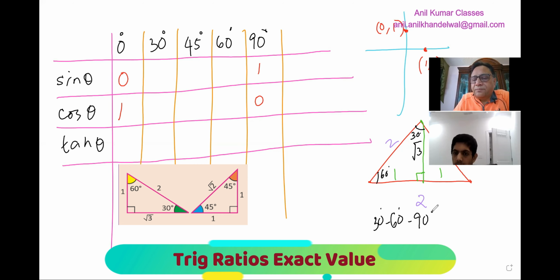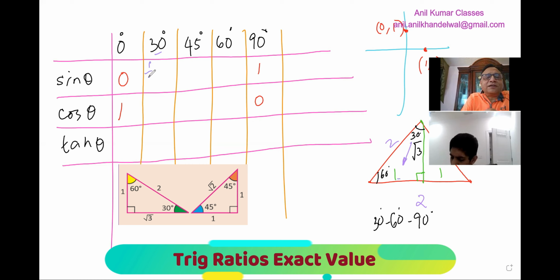A special triangle. From this triangle, we can find the value of sine theta and cos theta if theta is 30 or 60 degrees, and also tan theta. Let's do sine and cosine first. Sine of 30 degrees is how much? So 30 degrees means look from here. Opposite side of 1, hypotenuse of 2.